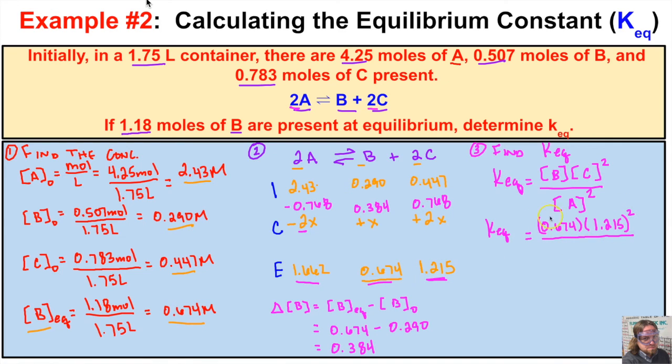And we know the equilibrium concentration of A. The equilibrium concentration of A is 1.662. And we're going to end up squaring that as well. And so when we put this all in our calculator here, we should end up with our equilibrium constant. So let's go ahead and put this in our calculator. And we're going to end up with an equilibrium constant, or a KEQ value, of 0.360.